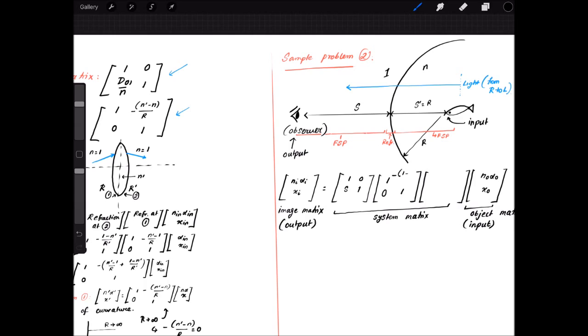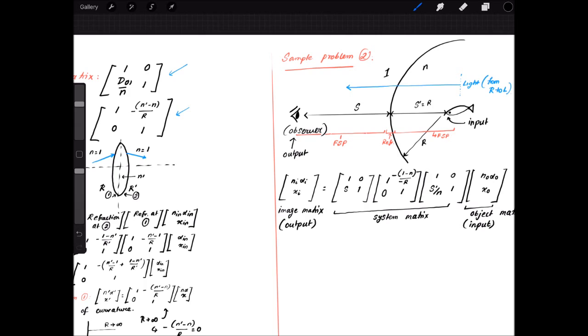So in this case the light is coming from inside the sphere, so that's n, and r will become minus r because light is traveling from right to left. Let's write the third matrix. That's easy: 1, 0, S prime over n, and 1.